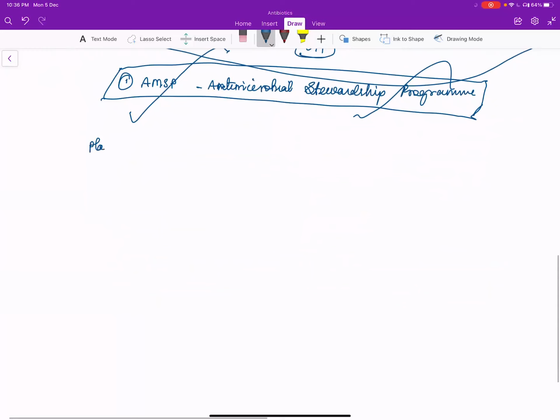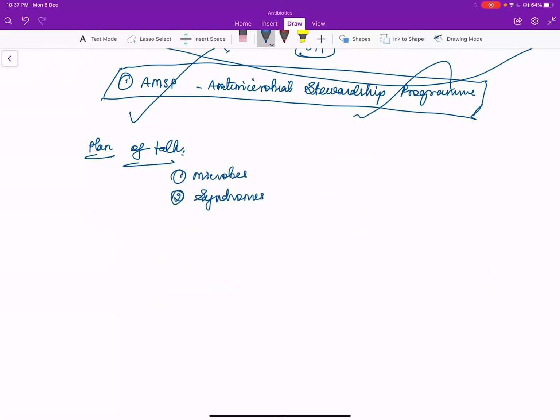So what is today's plan of talk? Initially we'll be discussing some basics about microbes and how to classify them. Then I'll tell you what diseases are caused by the microbes. They are called infection syndromes. Once you know about the infection syndromes, I'll introduce you to the various classes of antibiotics, not the entire details, just the spectrum which each antibiotic covers.